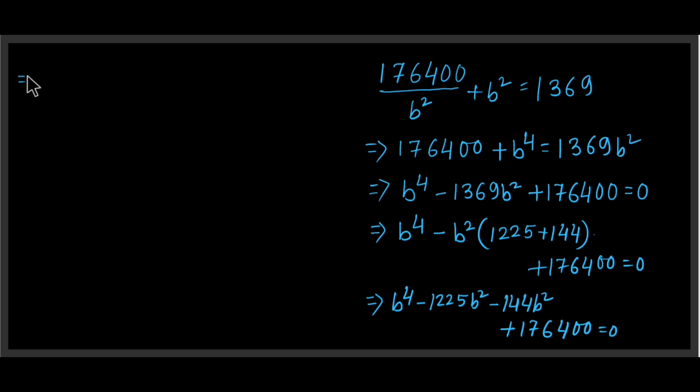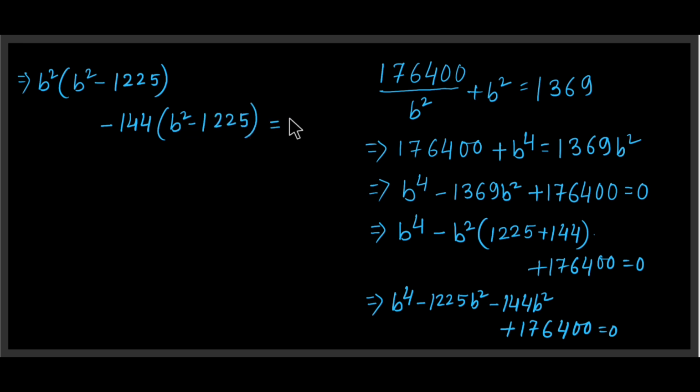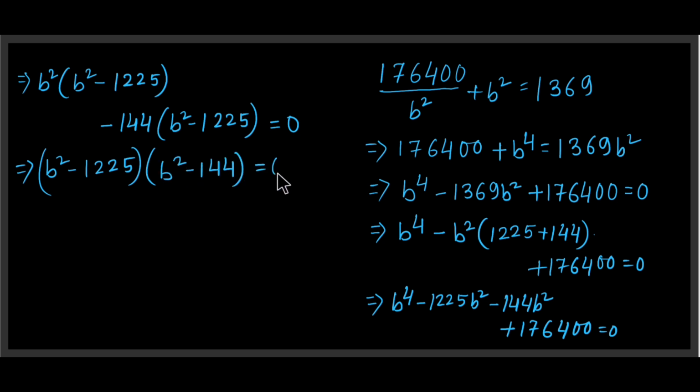Now we take b square common from this, we get b square into b square minus 1225 minus 144 into b square minus 1225 equal to 0. Now it is b square minus 1225 into b square minus 144 equal to 0.